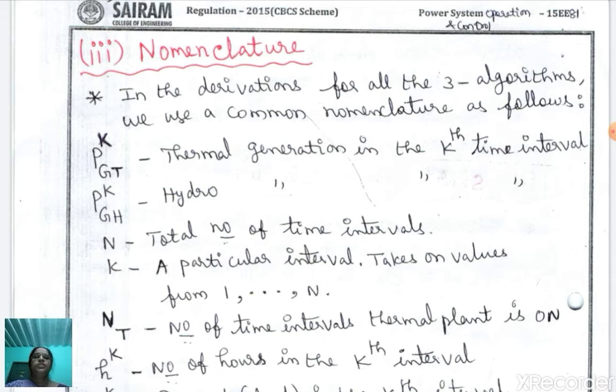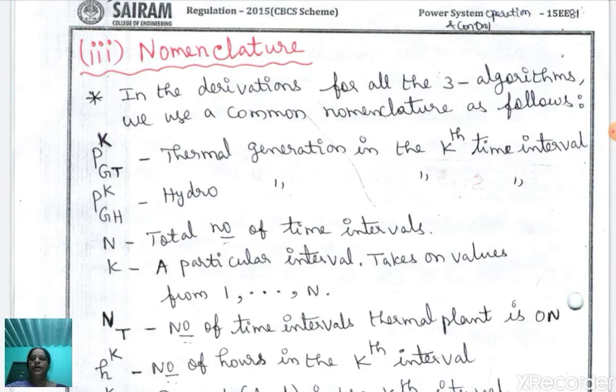The third topic is nomenclature. In the derivations for all the three algorithms, we use a common nomenclature as follows. P_GT^k is the thermal generation in the kth time interval. P_GH^k is the hydro generation in the kth time interval.